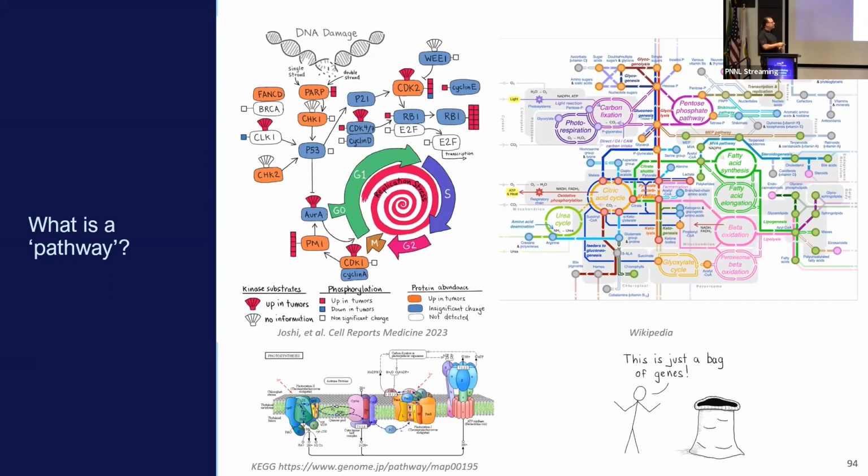On the right-hand side, this is a high-level overview of metabolic pathways. So metabolic pathways are a bit different. They involve proteins, gene products that are generally enzymes. As input, they take some set of small molecules that they then transform to an output, which is another set of small molecules, right?